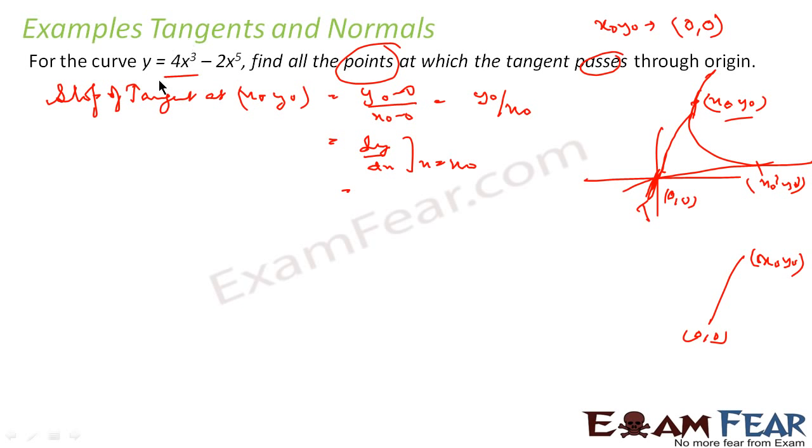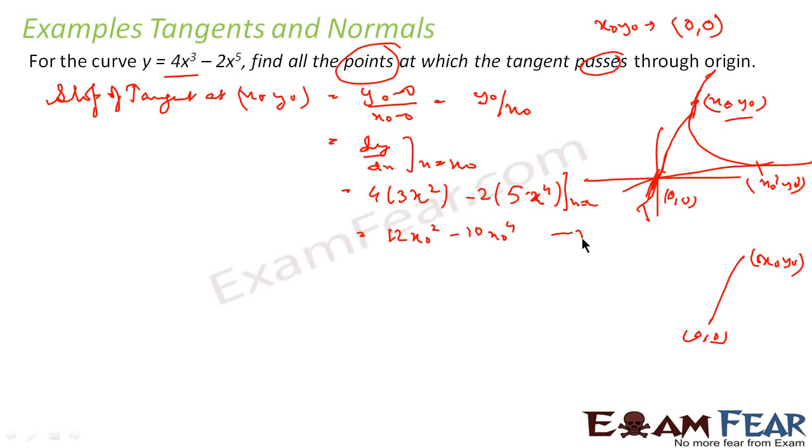So dy by dx is nothing but, if you say 4x cube, if you differentiate it with respect to x, this becomes 4 into 3x square, and minus 2 into x to the power 5 becomes 5 into x to the power 4. Correct? So now if you put x equal to x0, you get 12 x0 square minus 10 x0 to the power 4.